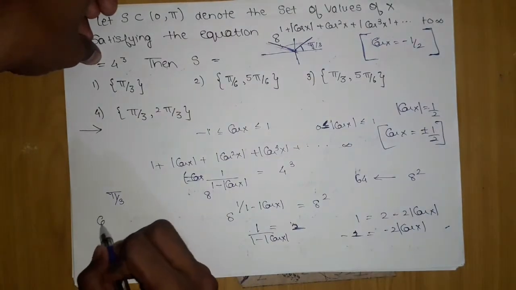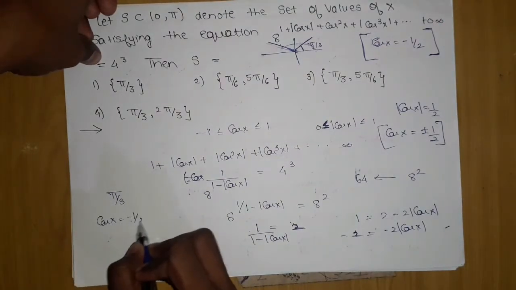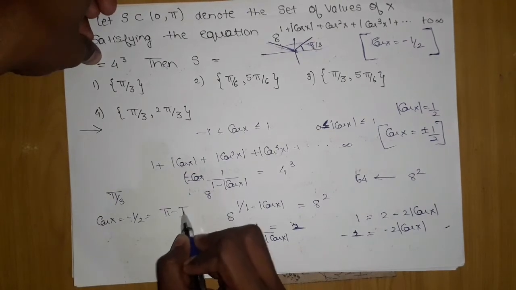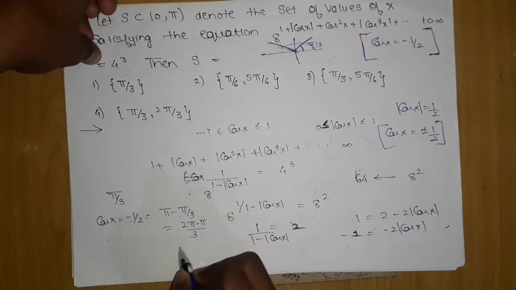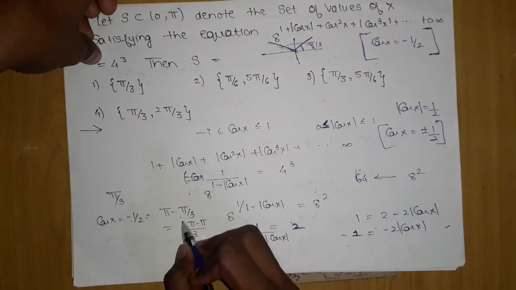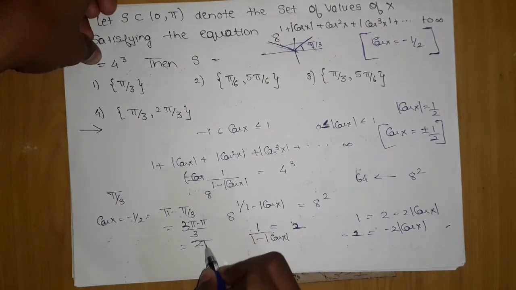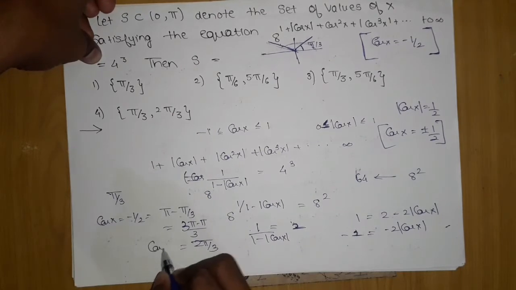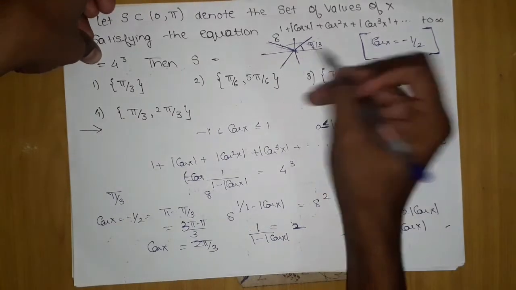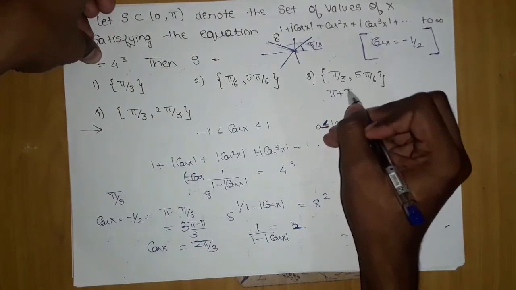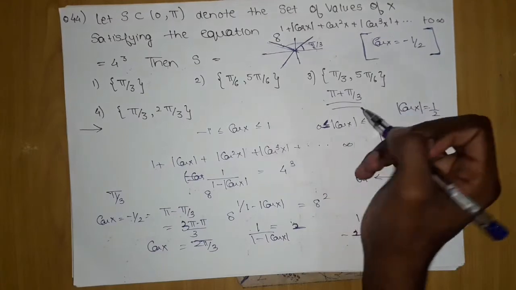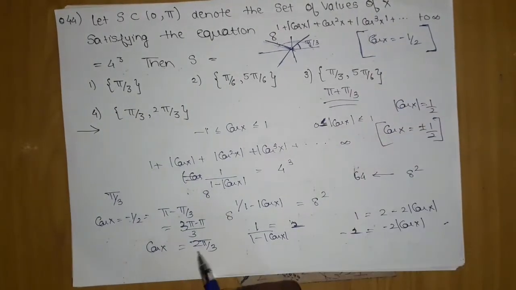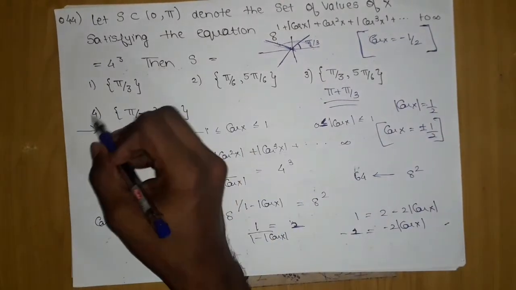So for cos x equals minus 1 by 2, it is pi minus pi by 3, which is 2 pi by 3. If anyone tells you to find the negative one, just add pi plus pi by 3, and so on. We will study it in more detail. So the two answers are 2 pi by 3 and pi by 3. So fourth is the answer.